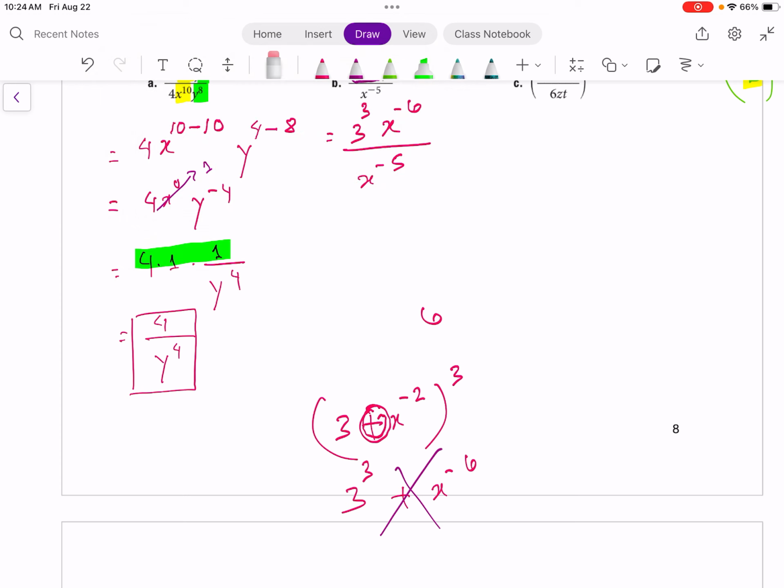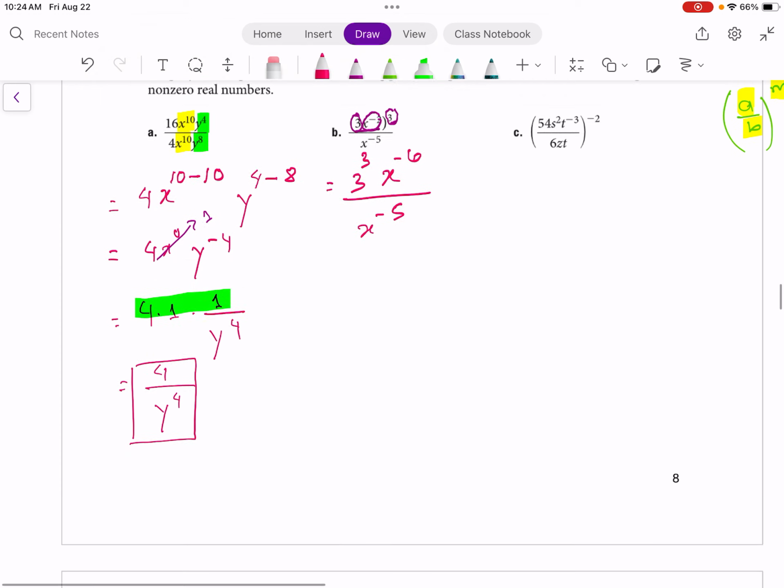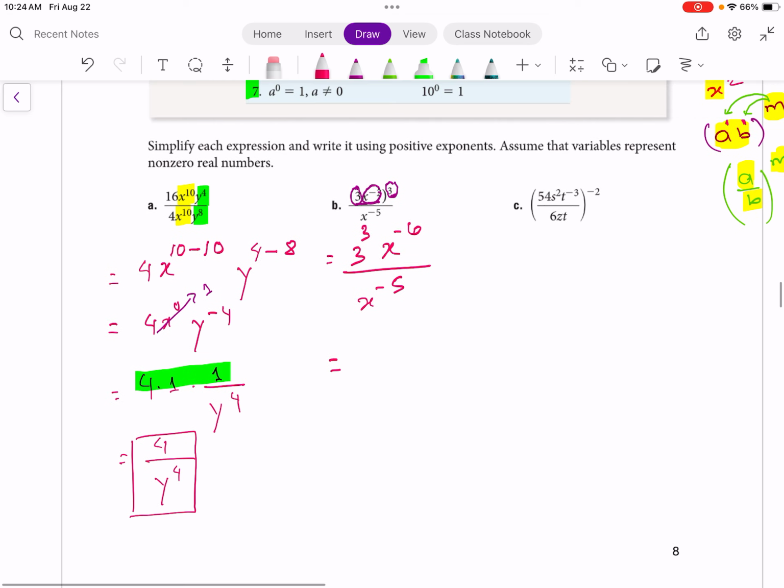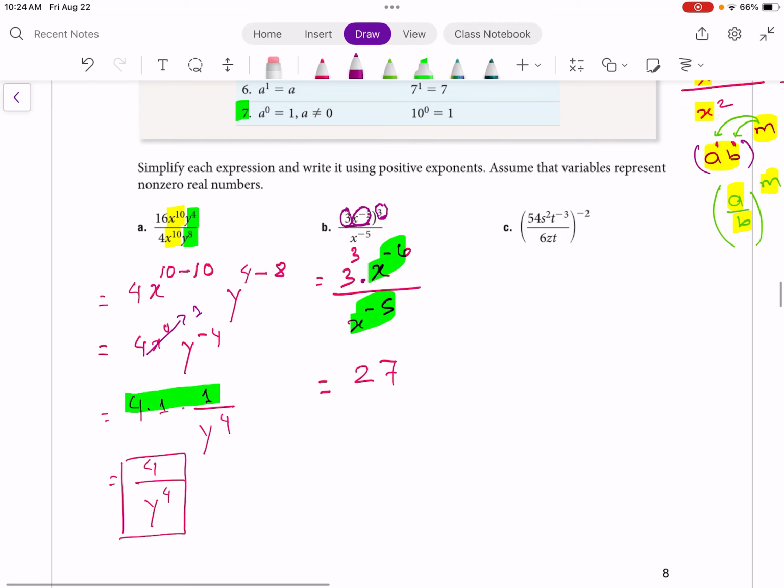Now we can simplify 3 to the power 3, and that is 27. Now we have x to the power minus 6 over x to the power minus 5. In between 3 cubed and x to the power minus 6 we have a product, so we can use our property. They both have the same base, so write down the base x, then find the difference: the exponent of the numerator, minus 6, minus the exponent of the denominator, minus 5.